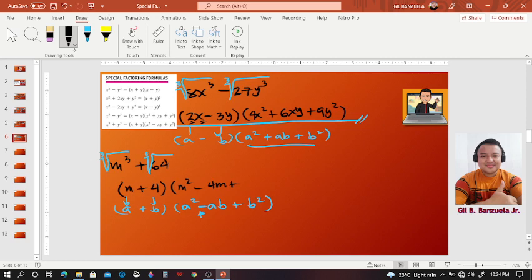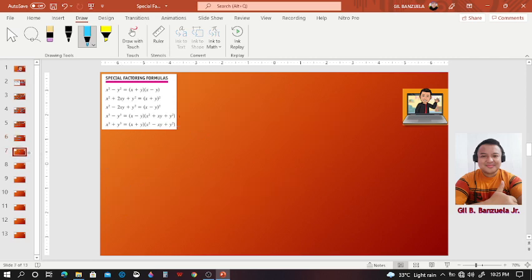So, your b is 4. So, 4 squared is equal to 16. So, therefore, this is our final answer. That's how the sum of two cubes and difference of two cubes goes. So, kung ipapractice natin to, guys, palagi, I'm pretty sure sobrang dali lang nito. Okay?